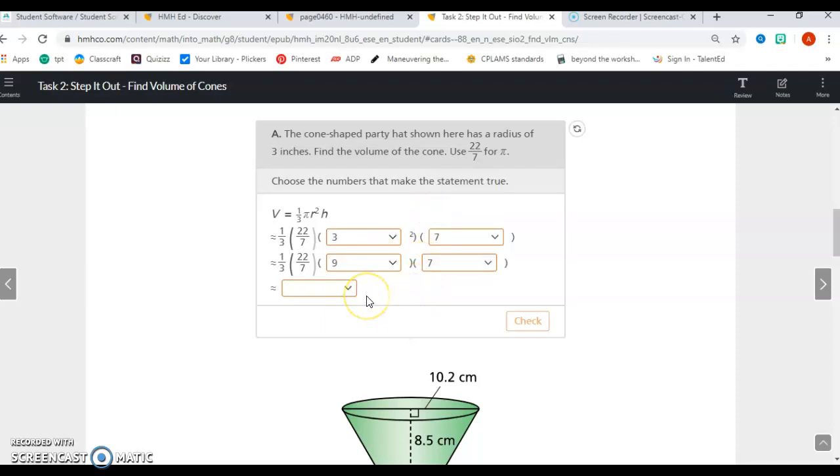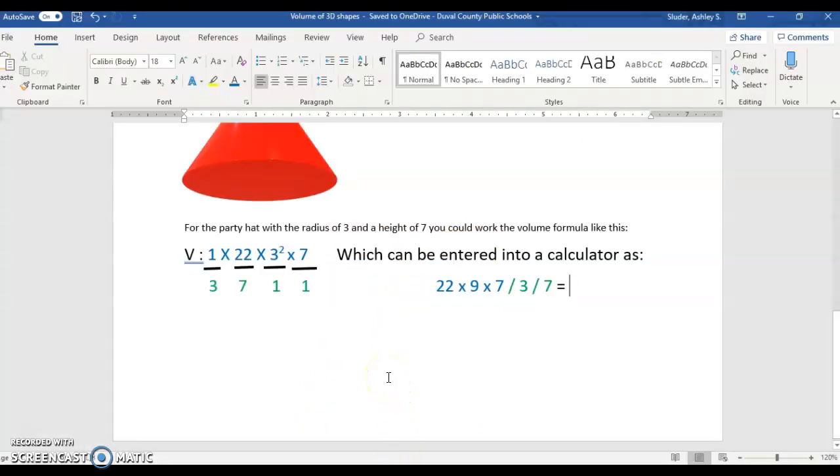So in order to do this, I like to show it to you on my Word document. If I were to have a party hat with a radius of 3 and height of 7, I could work the volume formula like this. I would have volume is 1/3, there's my fraction 1/3, times my pi, but pi is written in the fraction 22/7, times my radius is 3, but we all know every whole number is a fraction over 1, times my height.